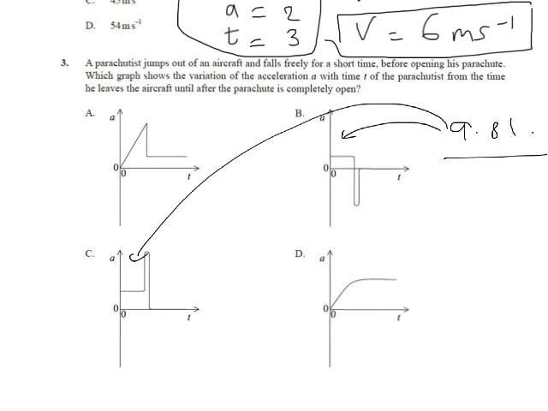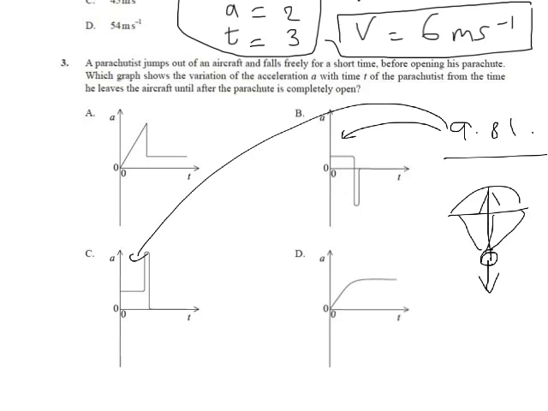So what happens now when your parachute actually opens? Now, if we consider forces, it might make that easier for us to think about. Initially, your parachute opens and you have a much greater force up than you do down.